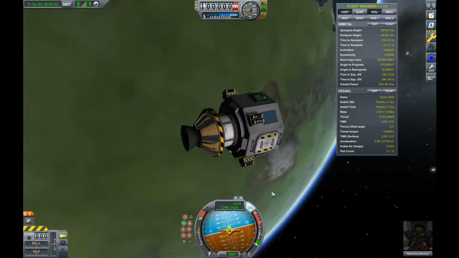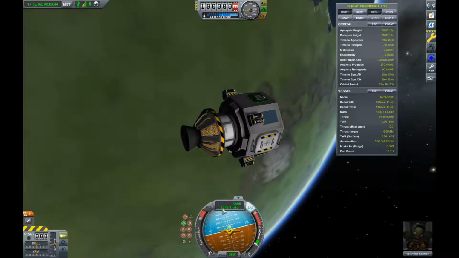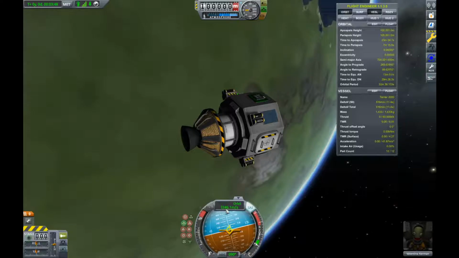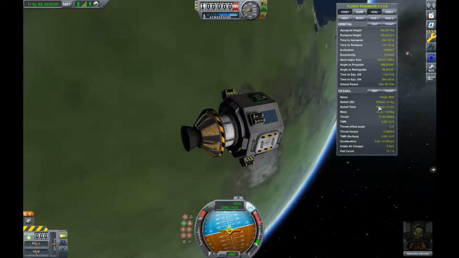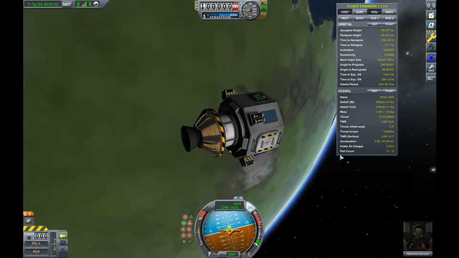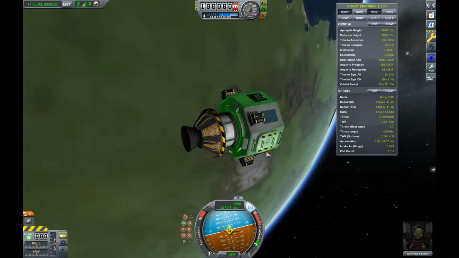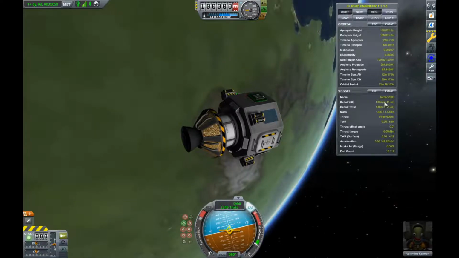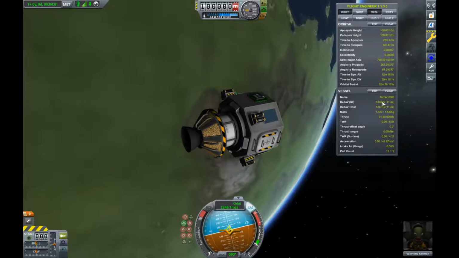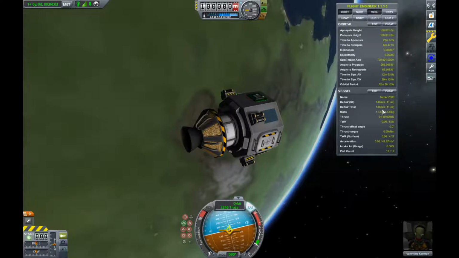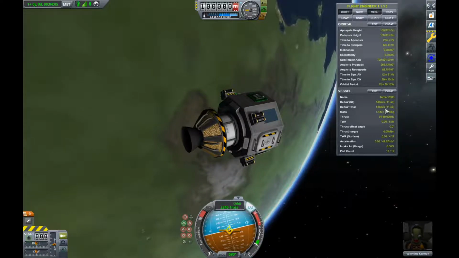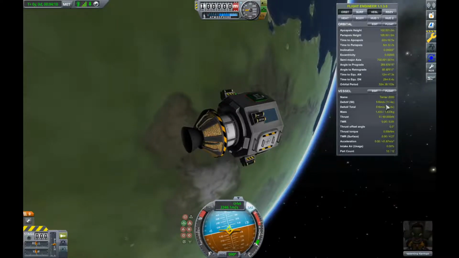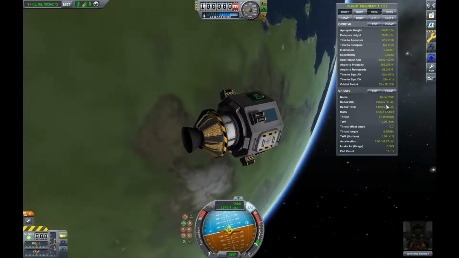So that means we can change our velocity by 516 meters per second more, or 516 meters per second less than our current velocity. It all matters how we spend it, but that's how much delta V that we have.